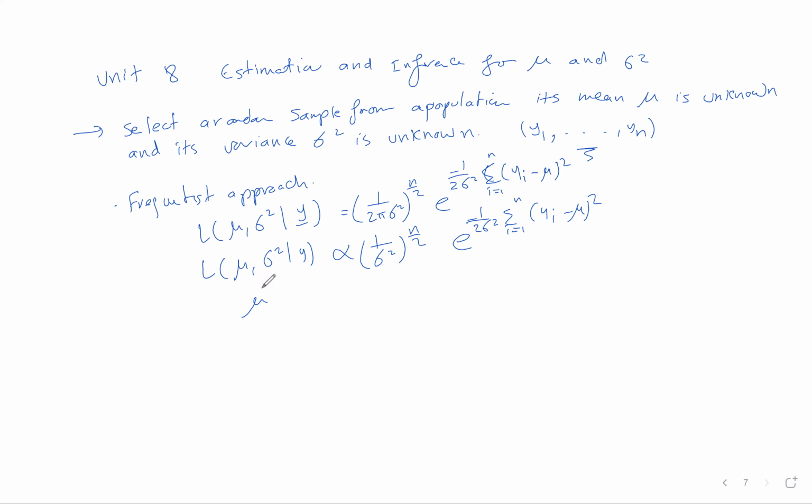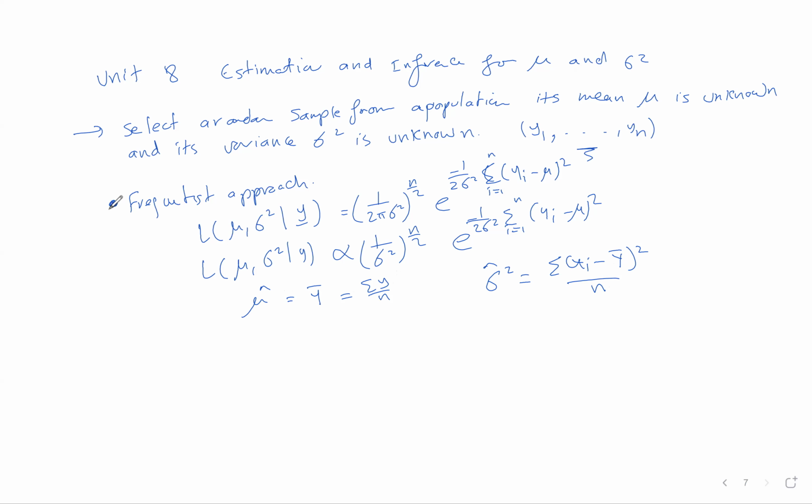You will find the estimation of mu is y bar again, the sum of yi divided by n, and the estimation of sigma square, the maximum likelihood estimation based on the frequentist approach, is the sum of (yi minus y bar) squared divided by n. So we replaced mu by y bar because mu is unknown. So this is the estimation using the frequentist approach.